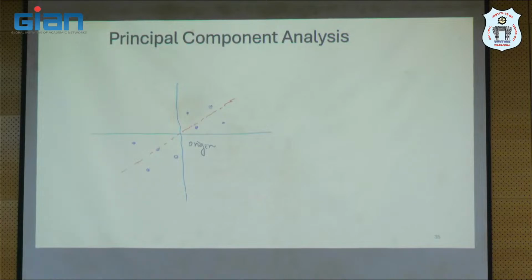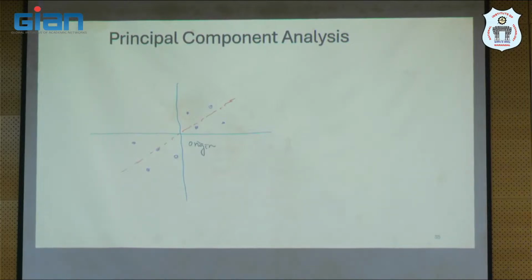So as you can see, this line probably hits only one of the 8 data points. The remaining 7 data points are not hit by this line, or the 7 data points do not lie on the line, right? So how can I claim? So this is the crux of principal component analysis.